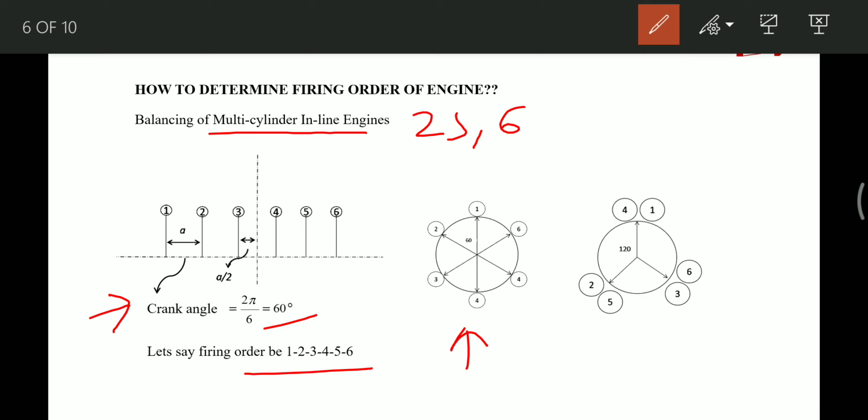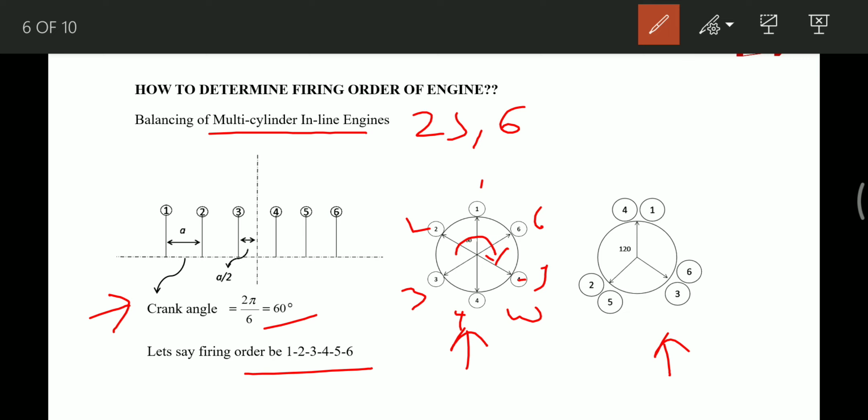In this, the crank angle is 60 degrees and it is rotating at a velocity of omega. So this is 1, 2, 3, 4, this is actually 5, then 6. Similarly, let's draw the crank position diagram for the secondary unbalanced forces.